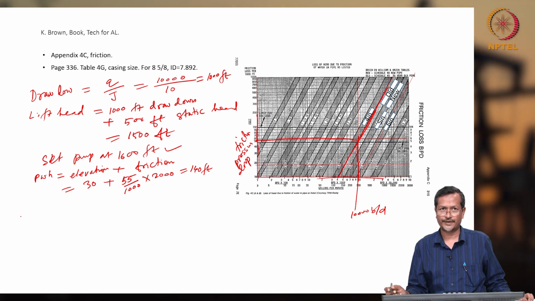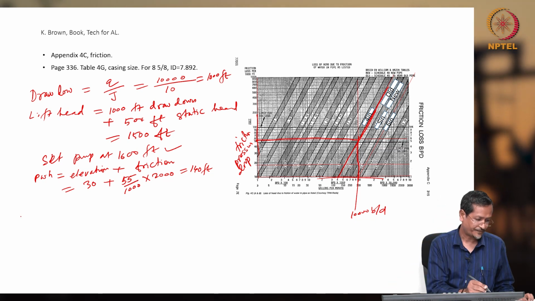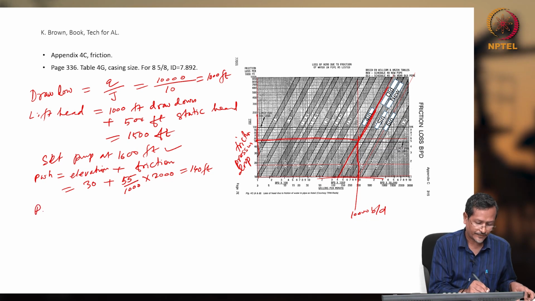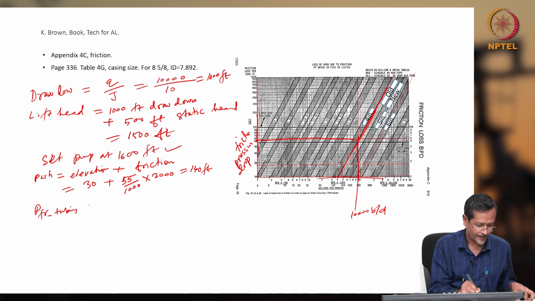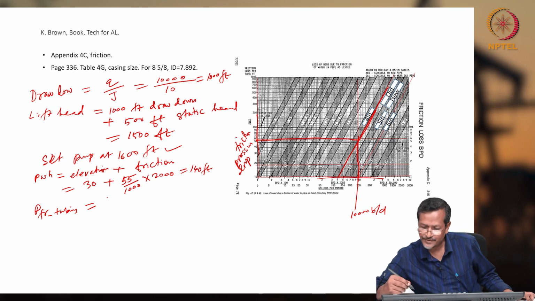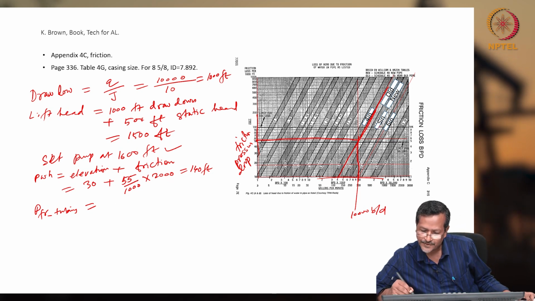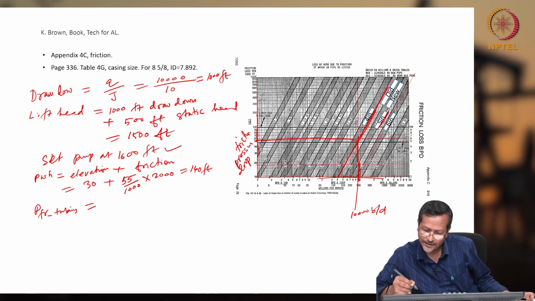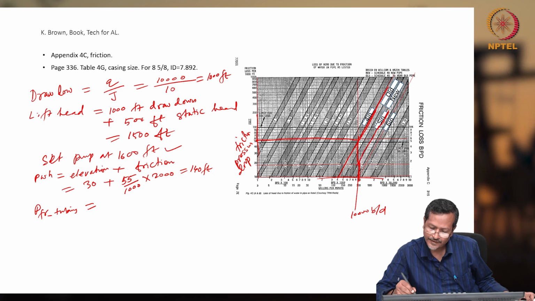Now the friction pressure drop in tubing, P friction tubing. If I see 5 inch tubing, 5 inch tubing is here. So for 5 inch tubing at 10,000, the 10,000 line is going here and the 5 inch tubing coming here.